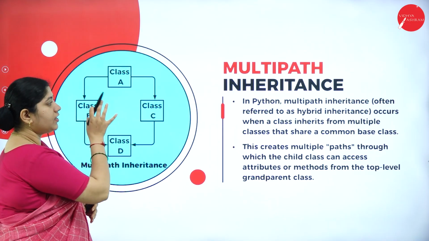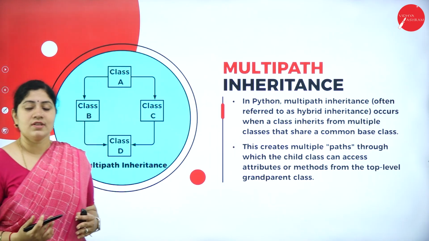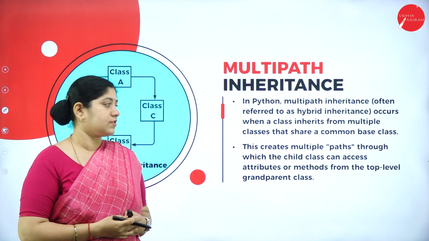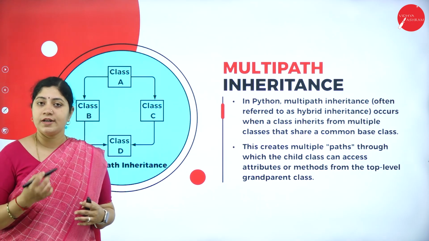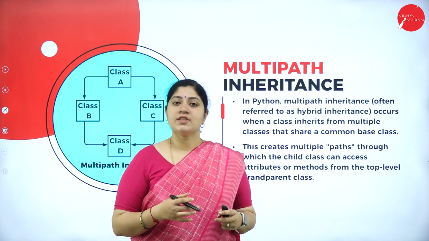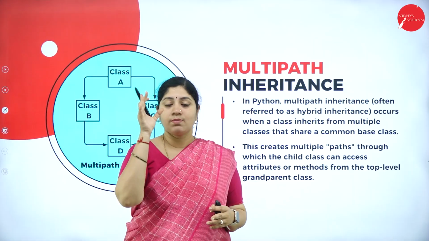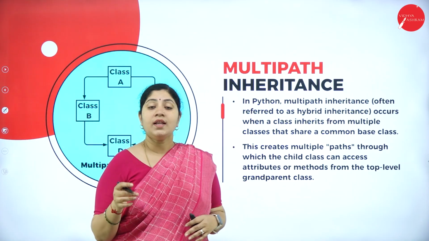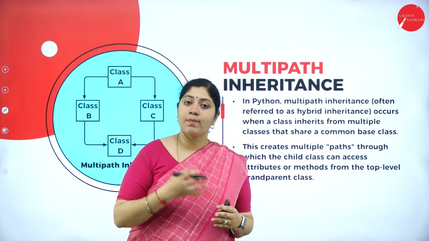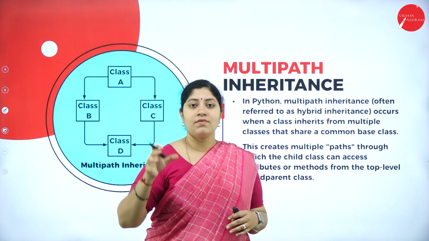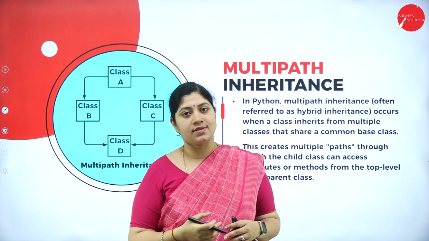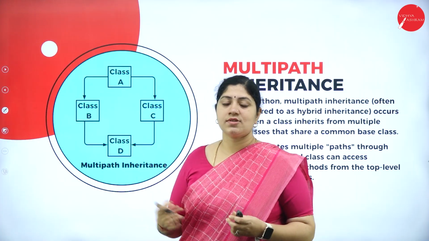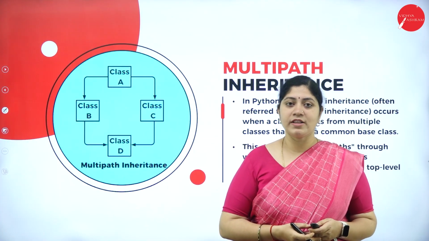That is the main thing to note under multipath inheritance. This is the representation of multipath inheritance. Thus this creates multiple paths through which the child class can access the attributes or methods from its top-level grandparent class. So this is all about multipath inheritance.